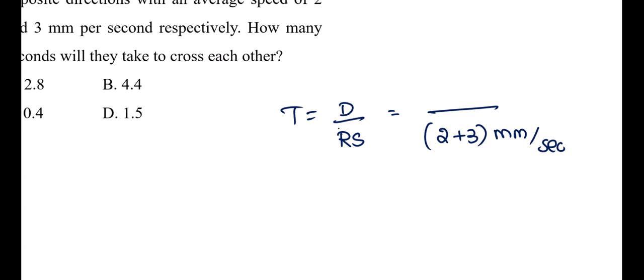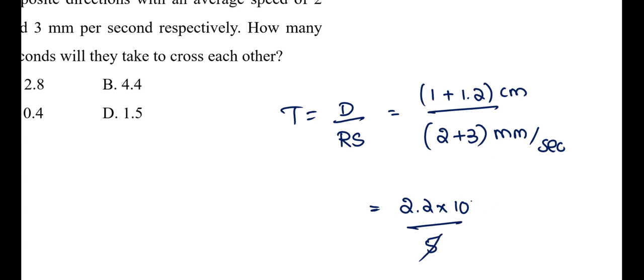Distance is the length of those ants. When two trains are crossing each other, distance is L1 plus L2, train 1 length plus train 2 length. Here, this is 1 centimeter plus 1.2 centimeters. This is centimeters in the numerator, so this into 10 will come into the numerator. 2.2 into 10, because this is centimeter, this is millimeter, divided by 5, which is 4.4. 4.4 seconds.